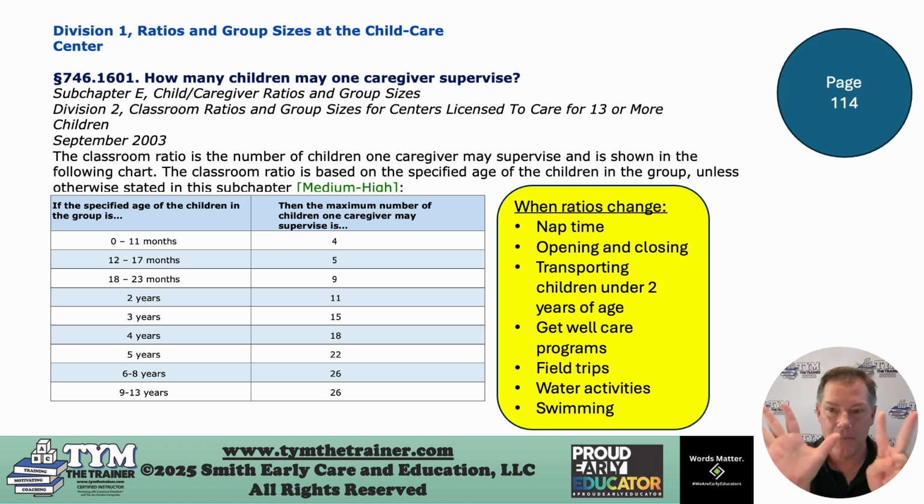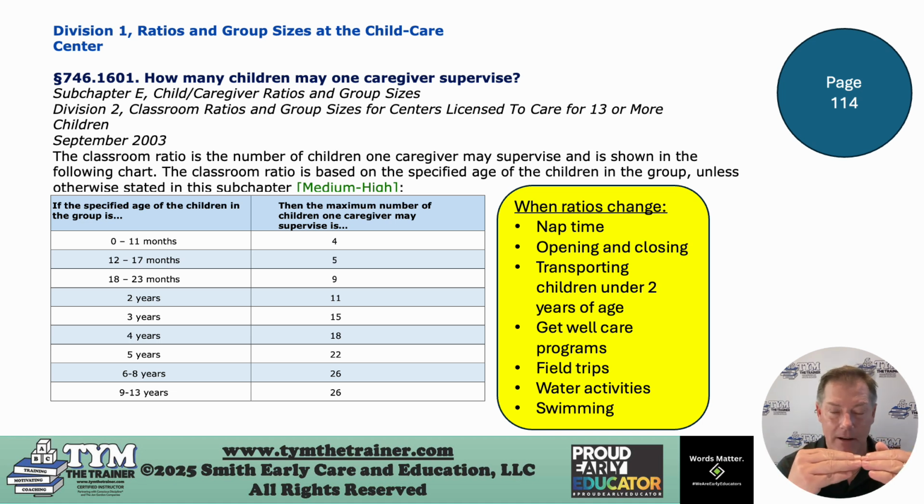There are 7 different times that ratios change, and I have those listed in the yellow box right here. You can dig deeper into each of those in the minimum standards, but we're just going to mention what they are. Nap time, when children are down for a nap. For children 18 months and up, you can have twice the number of children per caregiver during that time.